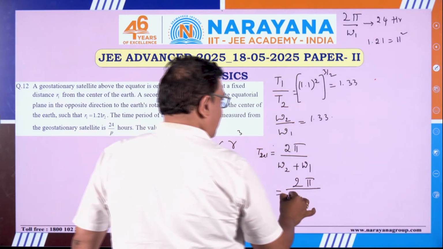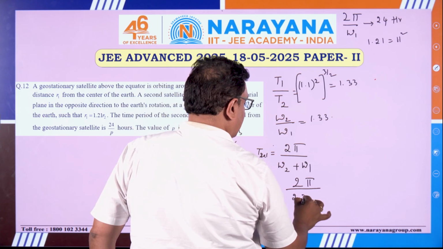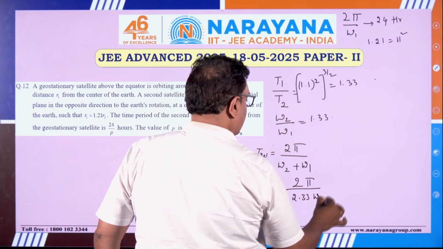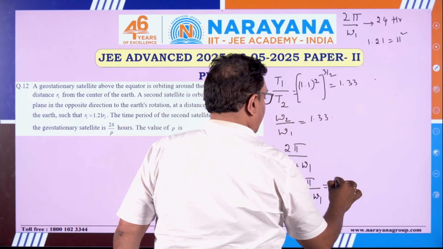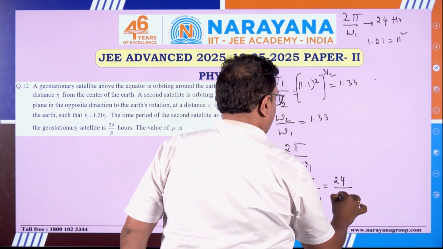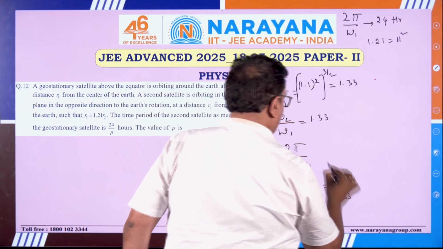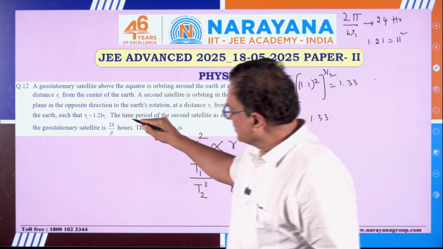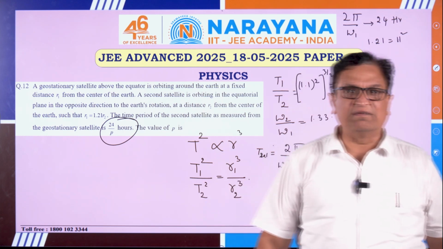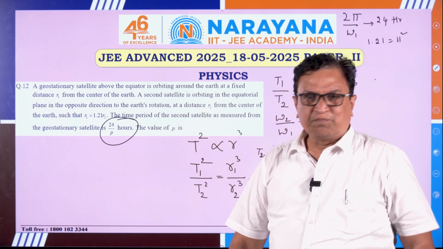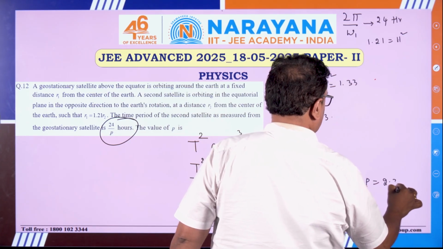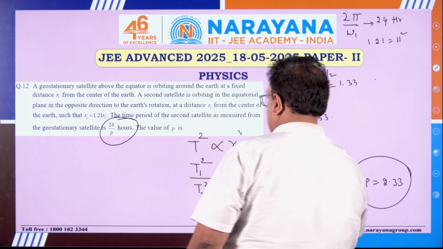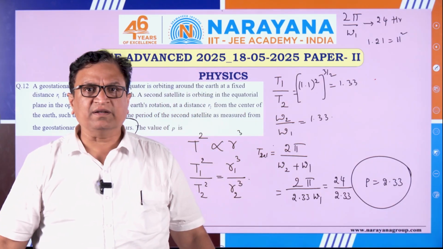So therefore, you can make it 2.33 omega 1. Remember, wherever you have 2 pi by omega 1, I will write it as 24. So 24 by 2.33. What do you want? Your answer to be expressed as 24 by p hours. Therefore, p is nothing but 2.33. That is your answer. Okay? A very important question.